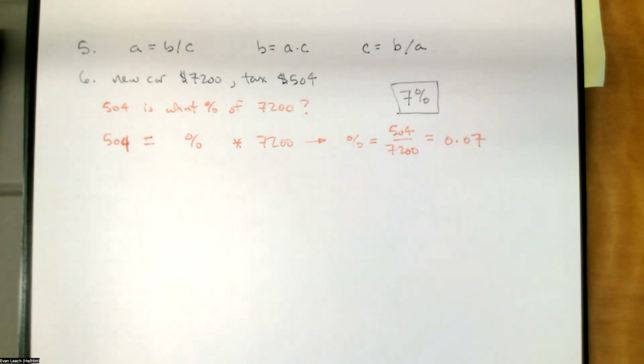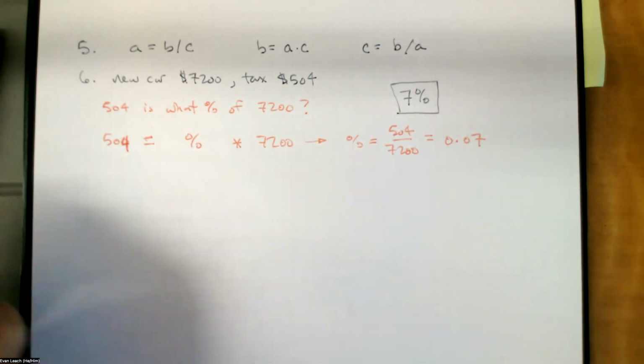The second part of this problem says at the same tax rate, now the value of the car is $8,000. So now we're asking a different question.